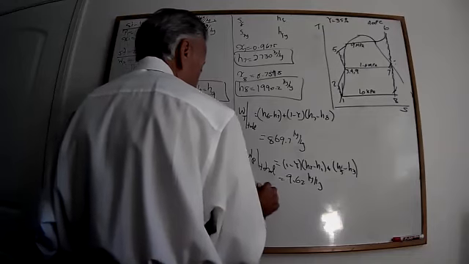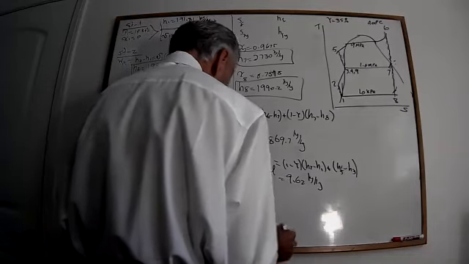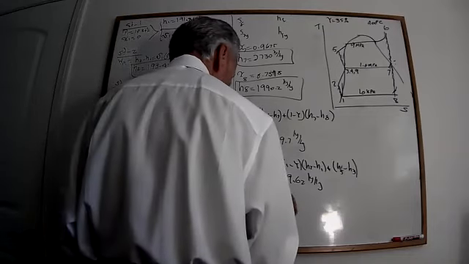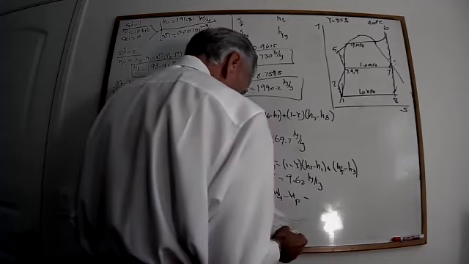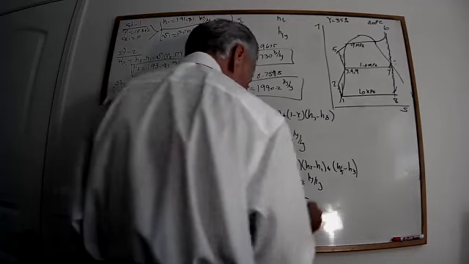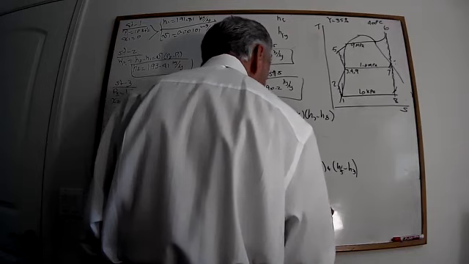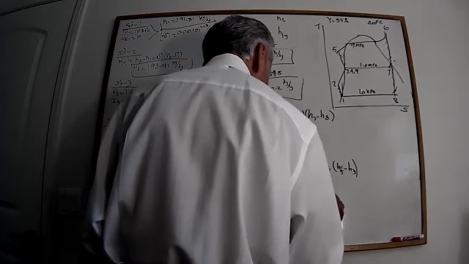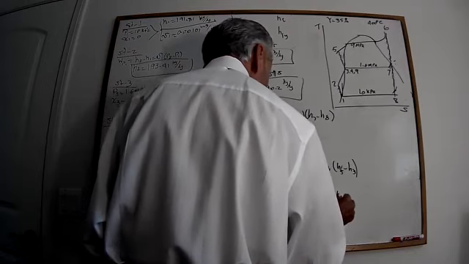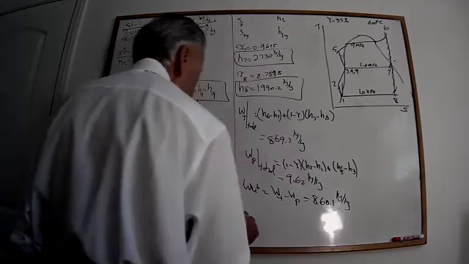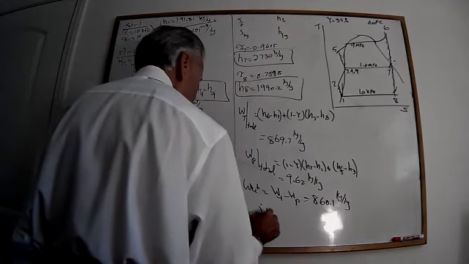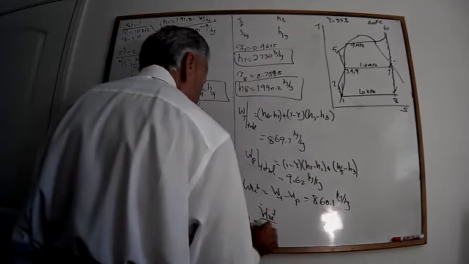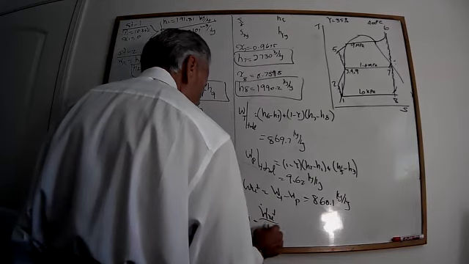Therefore, our net work is equal to W turbine minus W pump. That will give us a net work value of 860.1 kilojoule per kilogram.